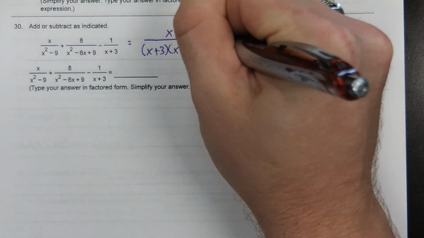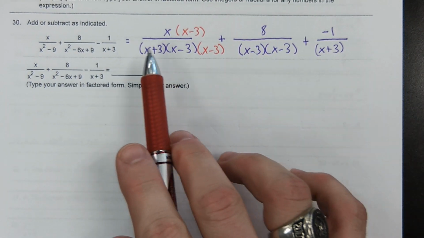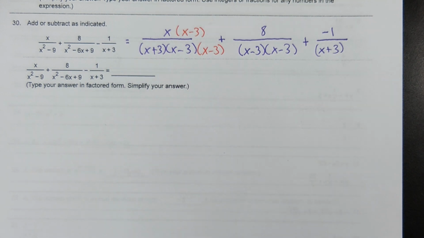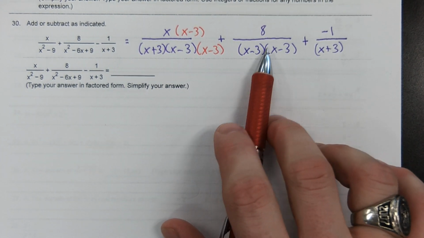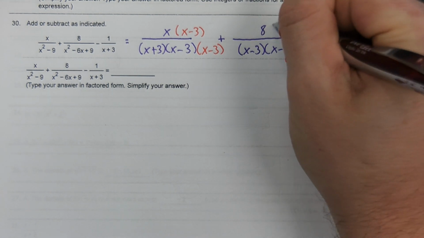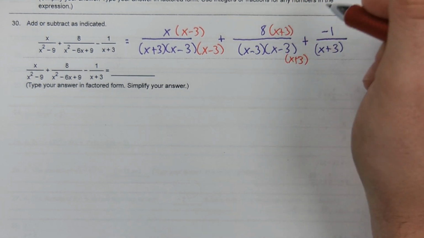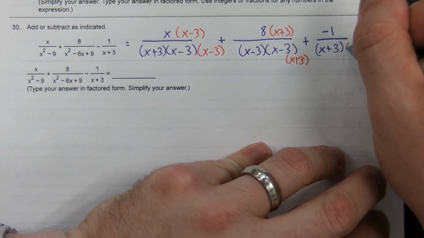But if you multiply it to the bottom, you have to multiply it to the top. This is now the least common denominator. You can see then that this one is missing an x plus 3. I ran out of space, but I'm going to multiply it to the top and bottom. And be darned, this one has an x plus 3, but it's missing both x minus 3's.